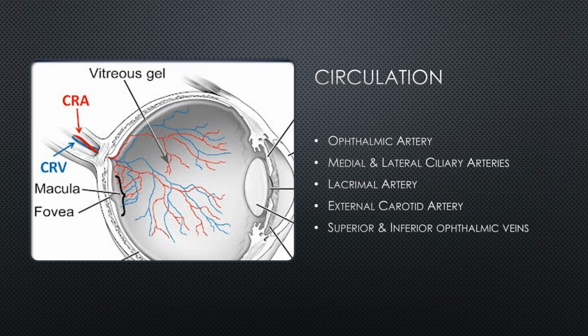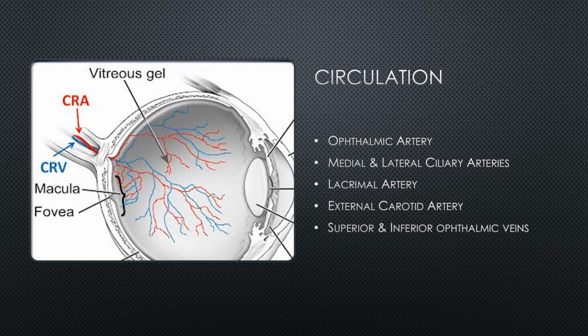Arterial and venous circulation. The ophthalmic artery is the first intracranial branch of the internal carotid artery. It enters the orbit through the optic foramen and travels laterally with the optic nerve, branching many times. The central retinal artery nourishes the optic nerve and the retina.